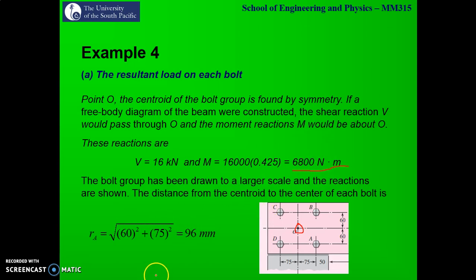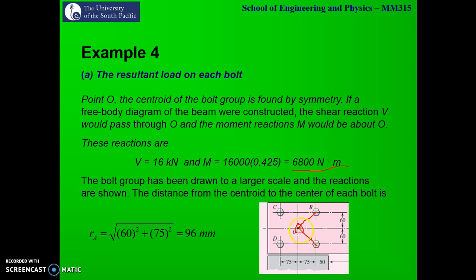Now, looking at this bolt pattern, we can see this is I, B, C and D. This is Ri, the distance of bolt I from the centroid. This is RB, the distance of bolt B from the centroid. Looking at the geometry, the distance of each bolt from O, the centroid, is the same for all, so RB, RC and RD are the same.